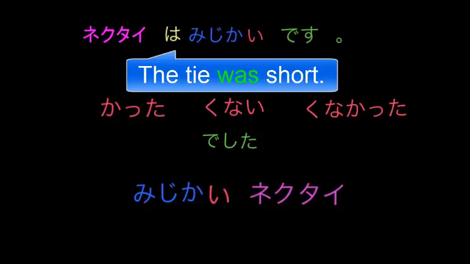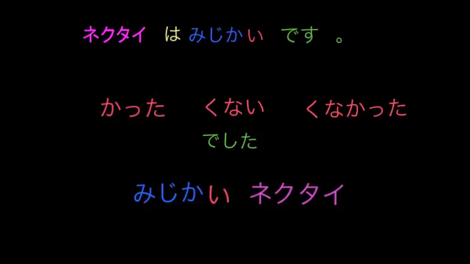Now in English we change the is into was, and we've made our sentence into the past tense. But in Japanese, when you're making an adjective into the past tense, as in was short, it's not that easy. Where in English you would simply take desu and replace it with deshita, was, that would work in English, but it definitely does not work in Japanese.